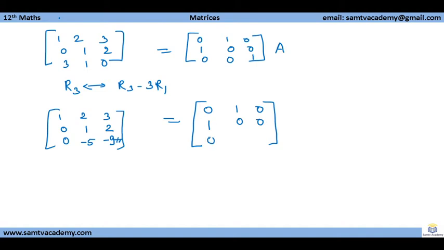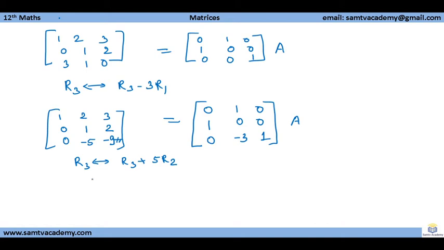So 0 minus 0 is 0, 0 minus 3 is minus 3, and 1 minus 0 is 1, and we will write here A. Next step is R3 is replaced with R3 plus 5R2.